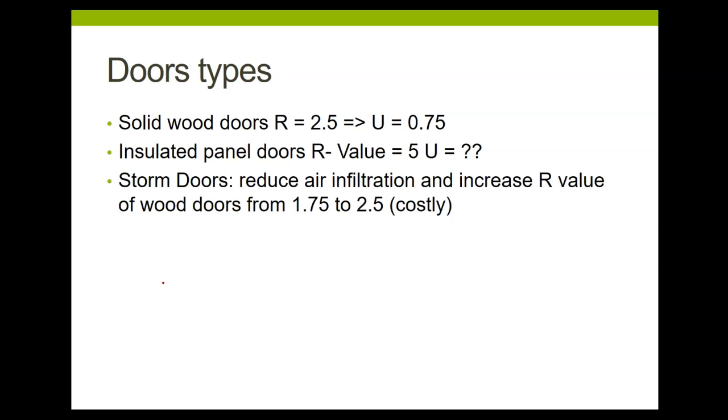They increase the R value and reduce infiltration, especially if you have some kind of corridor. You want the first door to isolate a small area where you have an air exchange. Instead of letting air that is 0 degrees into the house, you don't let the entire amount of air inside. You just trap it in the hallway, between the storm door and the regular door. So that's a really good idea.